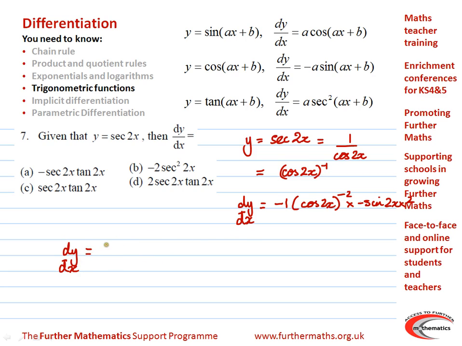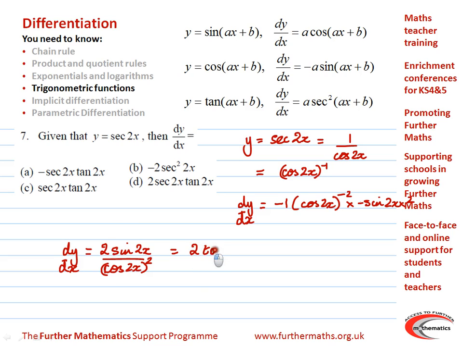I make that 2 sine 2x all over cos 2x to the 2. That doesn't quite yet match up with any of the answers that we've got on the screen, so let's combine our sine 2x with one of the cos 2x's.